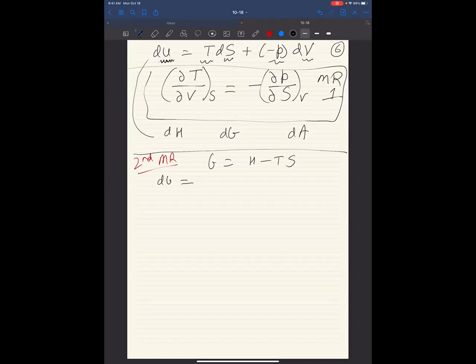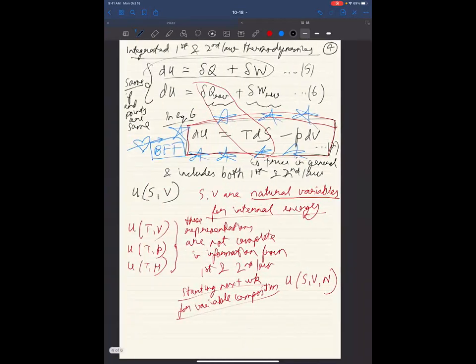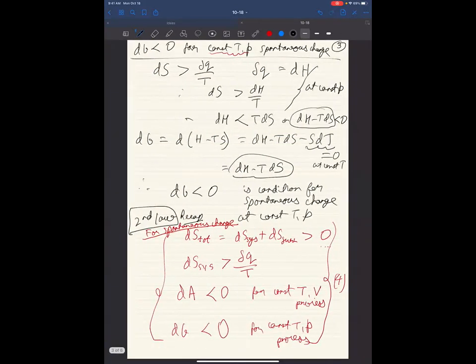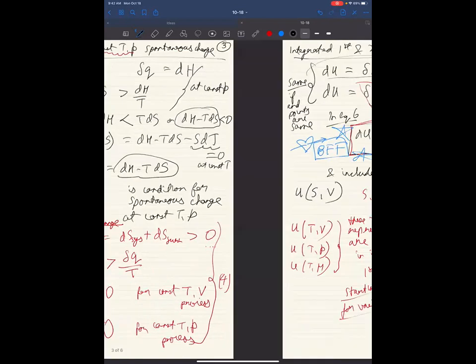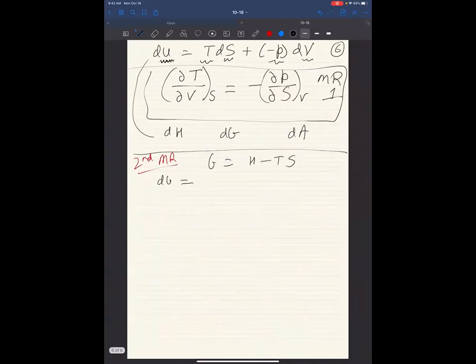For A, the natural variables should be V and T. Why should you have guessed this? Where have you seen hints for this? Yeah, we saw this when we wrote down the equivalent second law of thermodynamics, right? We saw that A is constant temperature and volume. G is constant temperature and pressure. So this is a hint that maybe there is something special about these variables for G and A, but we haven't shown it exactly. Let's do it now.